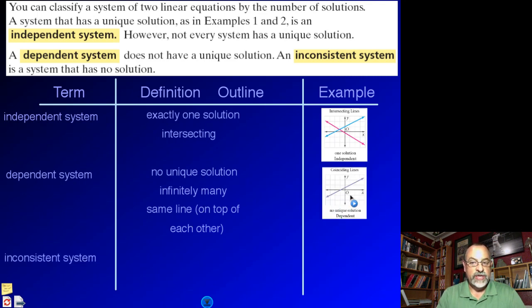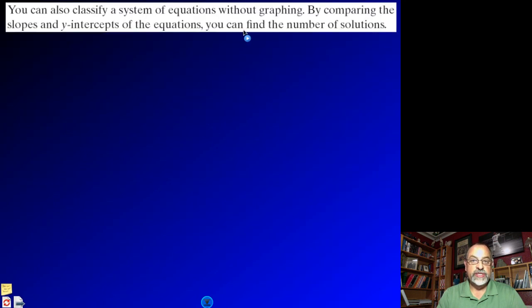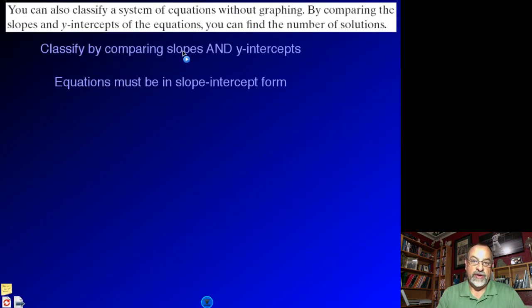The same slope and the same y-intercept is a dependent system. If we're looking at inconsistent, we're looking at the same slope but different y-intercepts. So all we have to do is have the equations in slope-intercept form, and then we look at the slopes, and then we look at the y-intercepts if they're the same slopes, and by evaluating those, we can determine these systems without actually graphing.